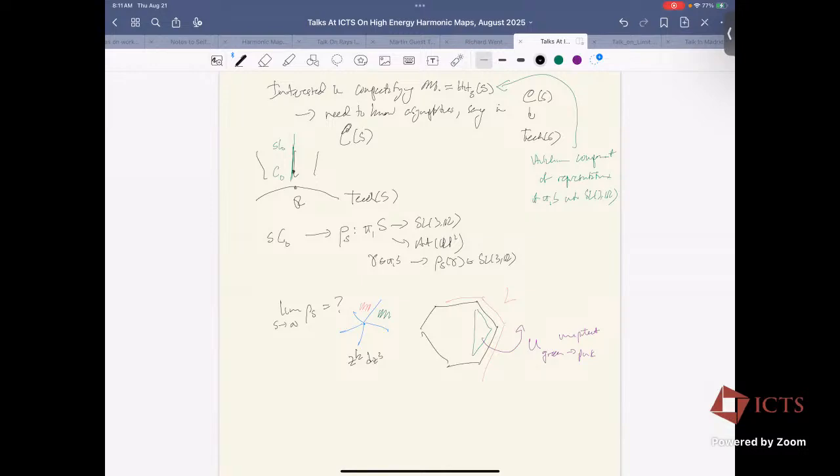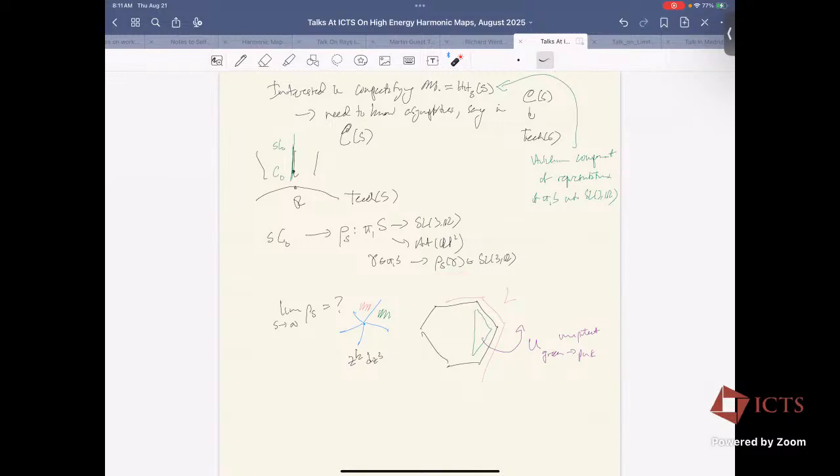And what I'm asking is, given the data of a particular cubic differential, if I look at a loop, an element of pi 1 of S, and we know associated to that loop is some matrix, what's the asymptotics of that matrix?